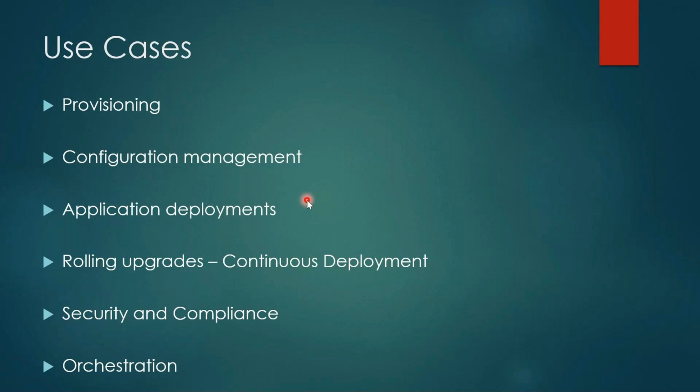So application deployments, rolling upgrades, hotfix upgrades, all other things come under upgrade activity. Then security and compliance related things you can achieve using Ansible. And orchestration. Orchestration means you have to do certain steps in a sequential manner. You can use Ansible orchestration.